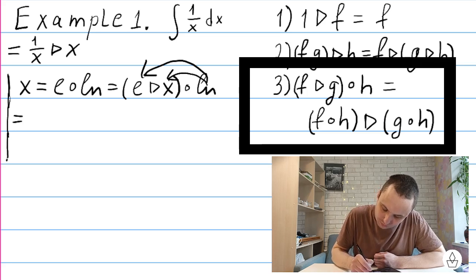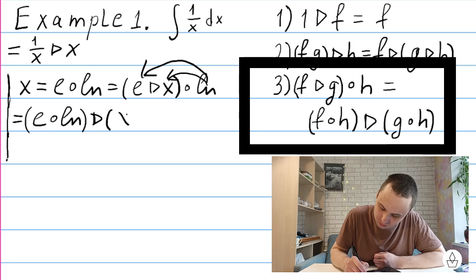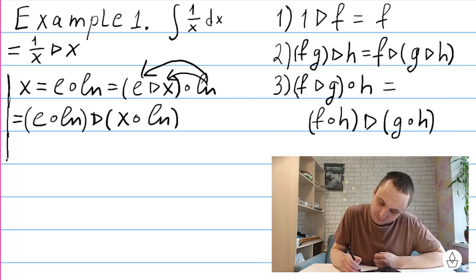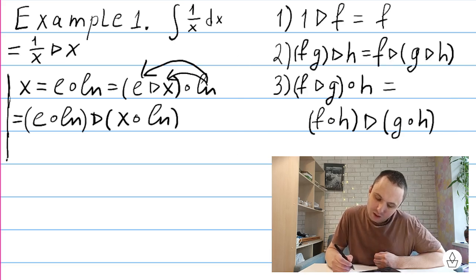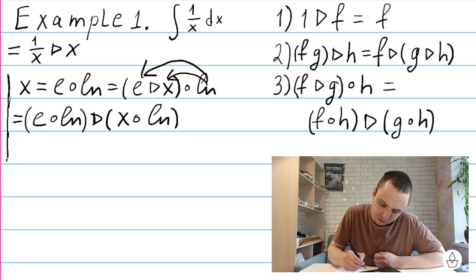So it is equal to exponent composition logarithm integral x composition logarithm. Here we see again the composition of the exponential and the logarithm, which is equal to x.